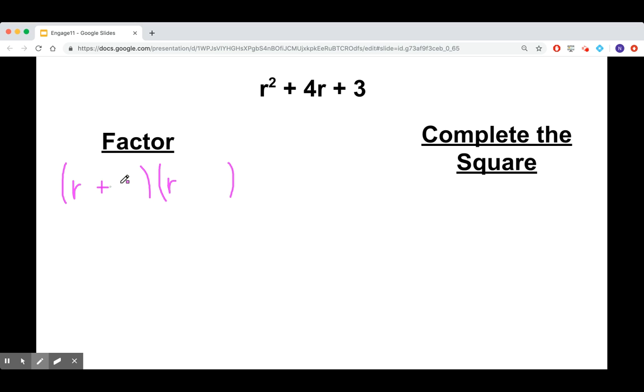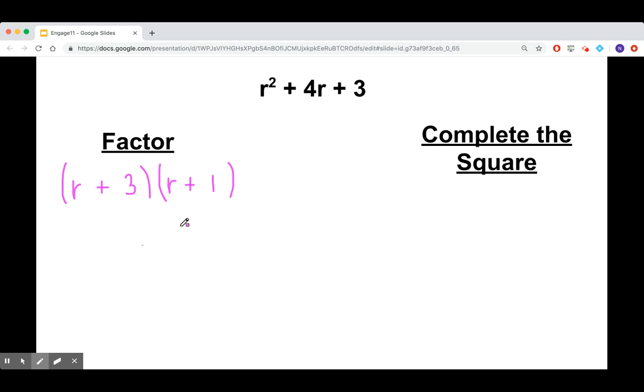And we'll need a number that multiplies with another number to get 3, and the sum of these two numbers will be 4, because we have a b term of 4 and a c term of 3. We'll end up with 3 and 1 because 3 times 1 is 3 and 3 plus 1 is 4.